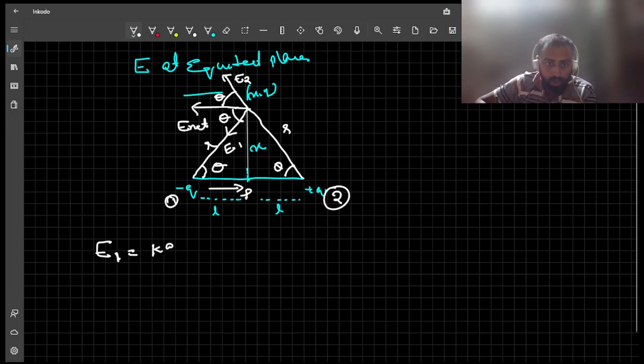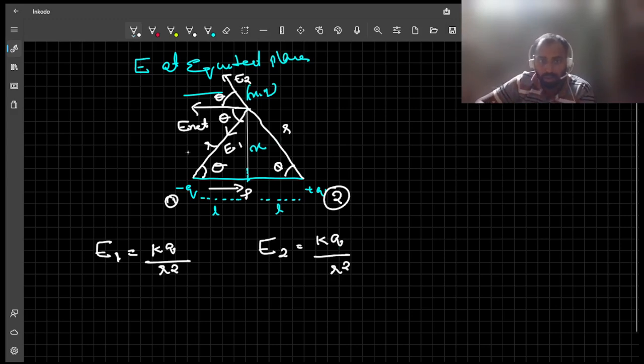So what will be my E1? K into Q divided by R square. This is my R. Now I am taking this as R, the distance between the points. E2 is also KQ by R square.